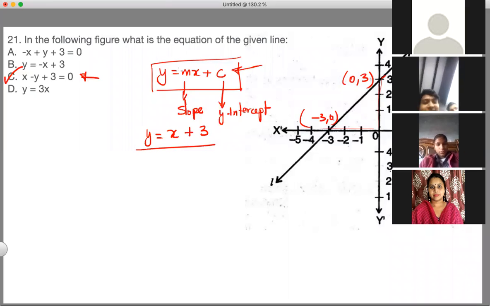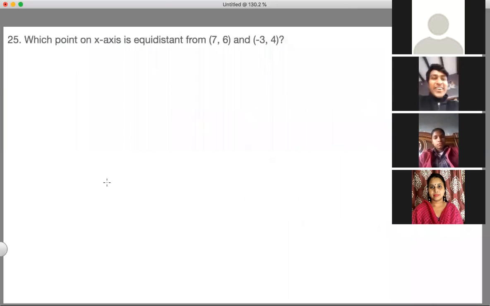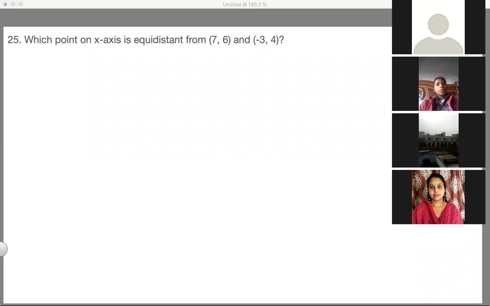Okay, so we are now coming to the end of the class, so I'll not move on to the next question. Anyway, I was left with only one more question in this exercise. Okay, I'll still leave the question with you. Which point on the x-axis is equidistant from 7, 6 and -3, 4? How will you do it? Sir, if any point is on the x-axis, then its y-coordinate will be 0, so the coordinate will be x, 0.